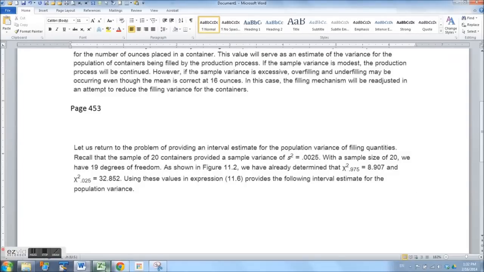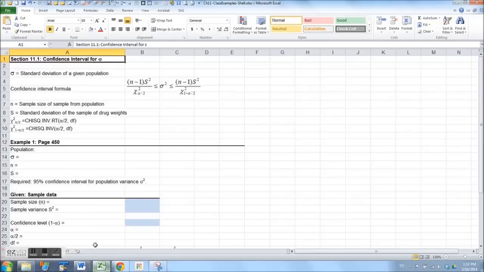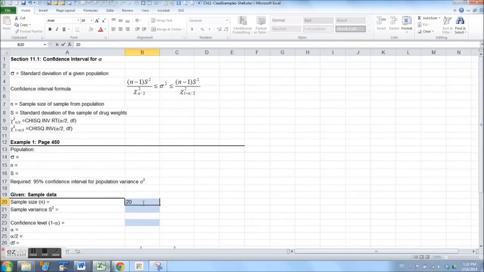Now let's return to Excel. Okay, sample size is 20, sample variance is 0.0025. Now the population is the ounces of liquid detergent filled in the container.